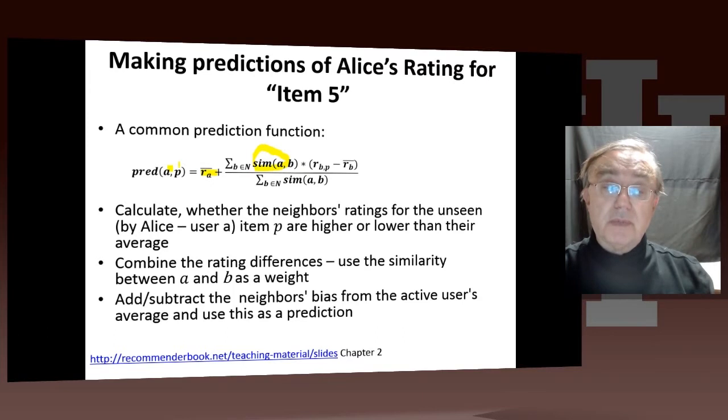We weight it by the similarities, so the ones that are most similar to Alice get the highest weight, and we put in the rating for this person, for this item, minus the average rating. In the same spirit as before, we're trying to normalize everything and take out the averages. So this is the prediction for Alice's ranking of item 5. And this makes a lot of sense in my opinion.